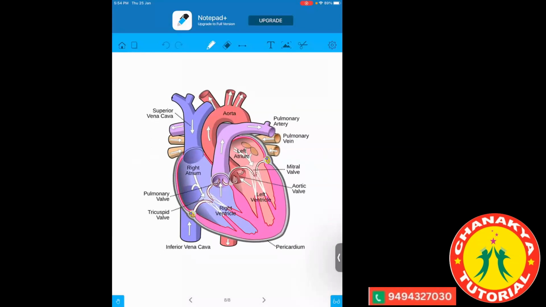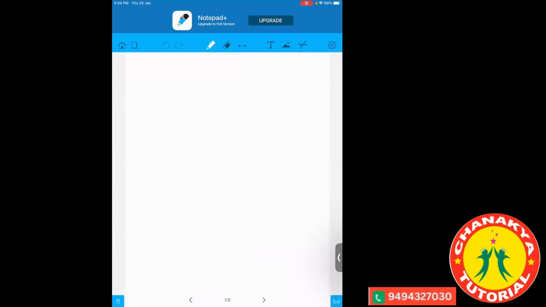When you see this purple line, half of it is purple, which basically means blue. First of all, let me explain. In the body, we have a high amount of carbon dioxide.